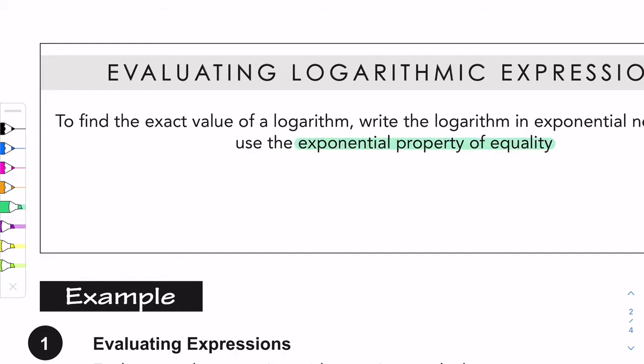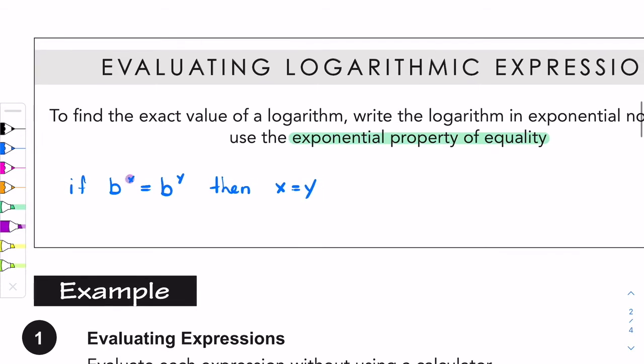Okay, so the exponential property of equality is something we've already done this year, and it says that if you have b raised to the power of x, and you know it's equal to b raised to the power of y, then you know that x is equal to y, which are your exponents. And that only works because we have the same base. And by the base, we're talking about the value of b.